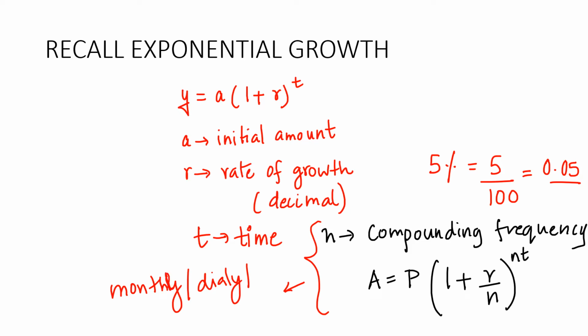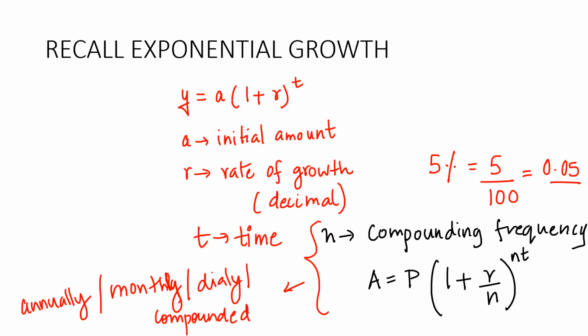It can depend upon how much and for how long the interest is compounded. So if it is compounded daily, n will change. If it is monthly, yearly, annually, all of these terms will come in the word problem when you get such questions in this lesson, or otherwise also when you are using the compound interest situation.